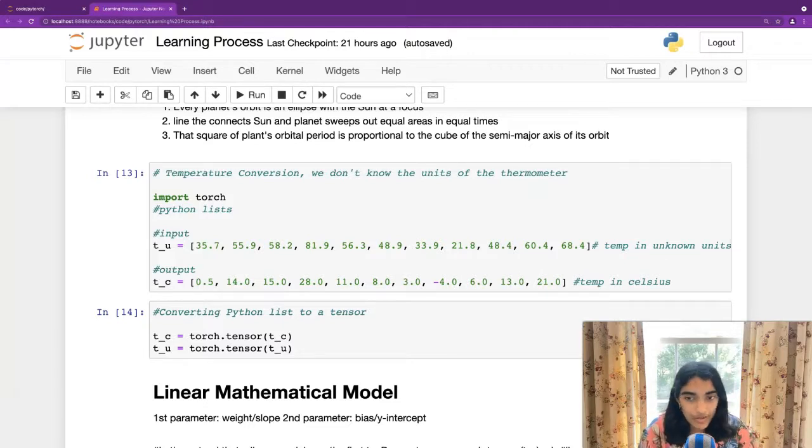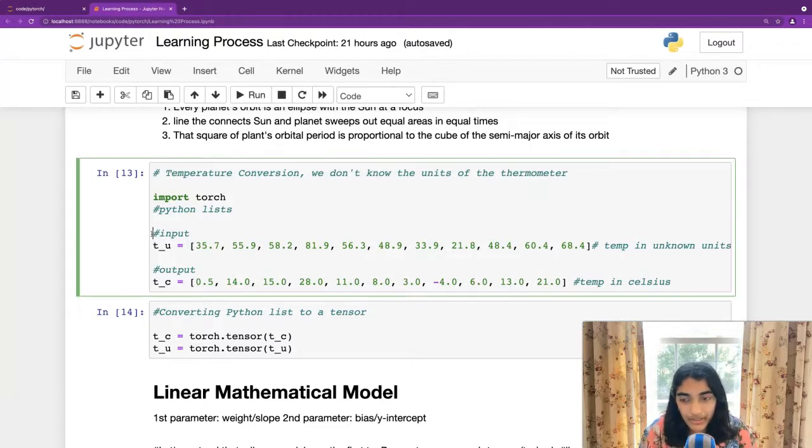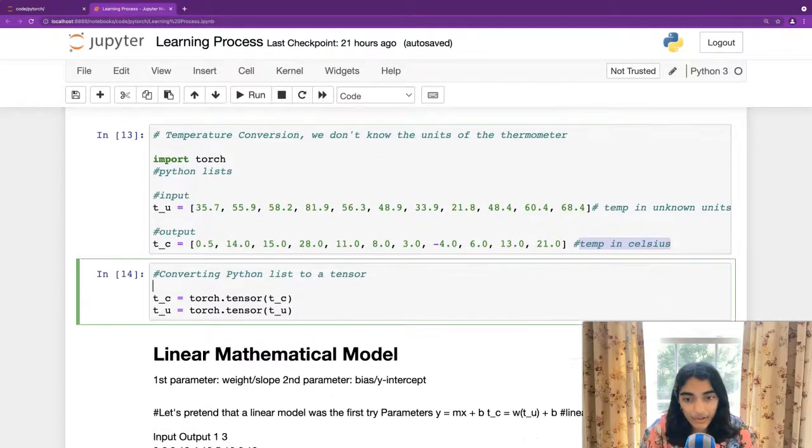But just for your own information, we have a thermometer, we're getting temperature in unknown units. The output of our linear model is in Celsius, and we converted it to a tensor.